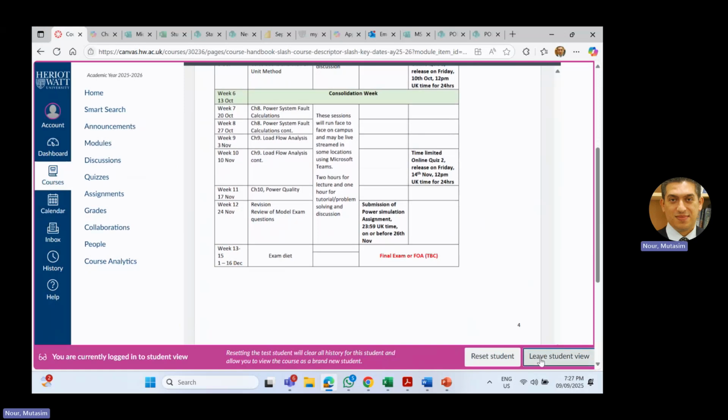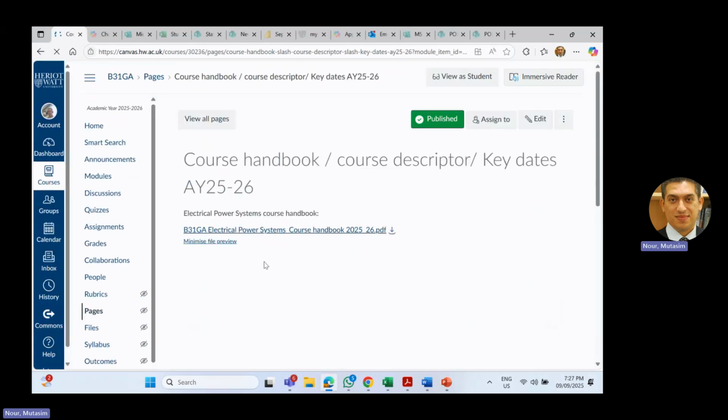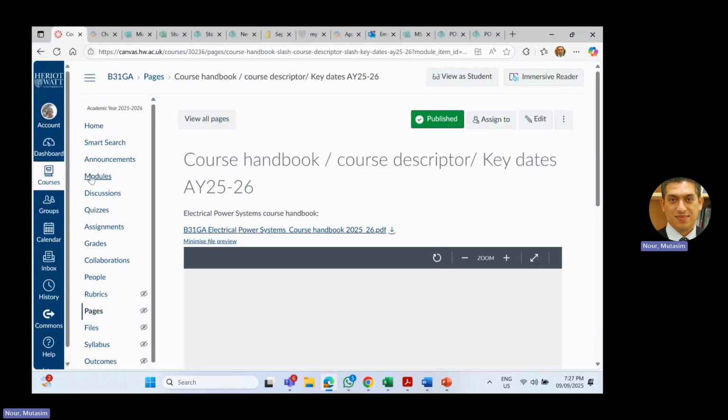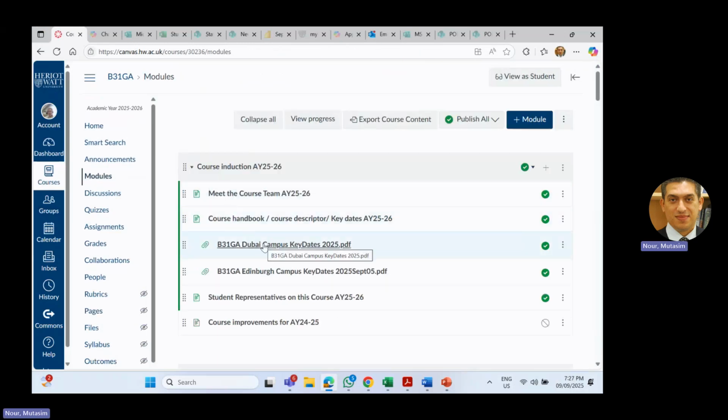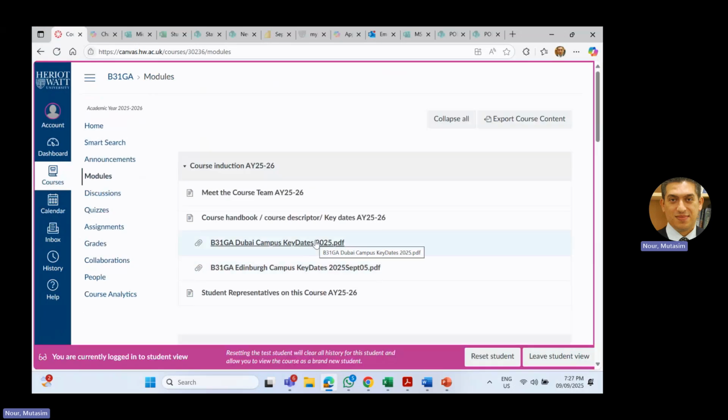Leave student view because... module. Here are the key dates again, available to you. I'll just keep the student view for you so you are not confused. These are the key dates, similar to what I showed you just now.